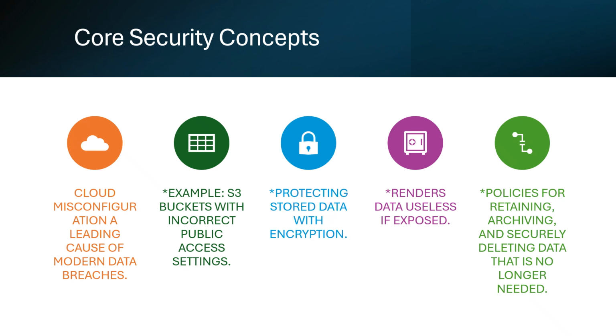This is a failure of access control. Furthermore, the fact that this old data was still available highlights a failure in data retention policy. Organizations must have strict policies to archive sensitive data with strong encryption, or to securely delete it when it is no longer needed for business or legal purposes.